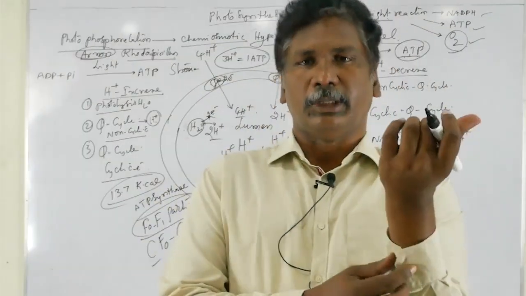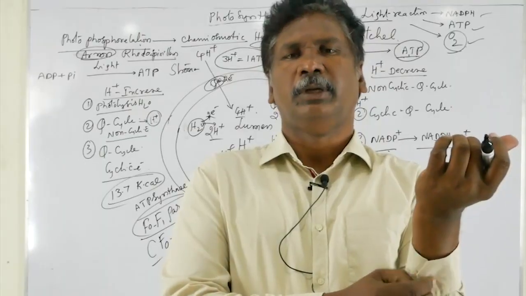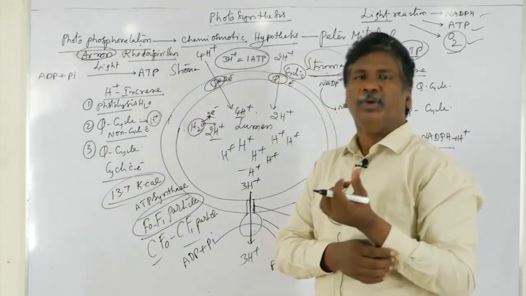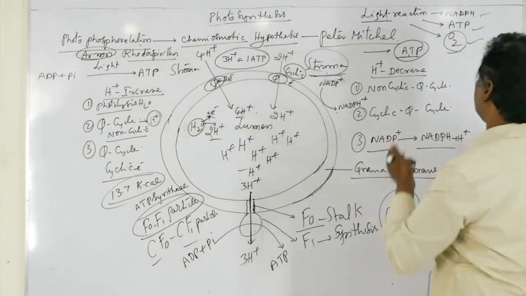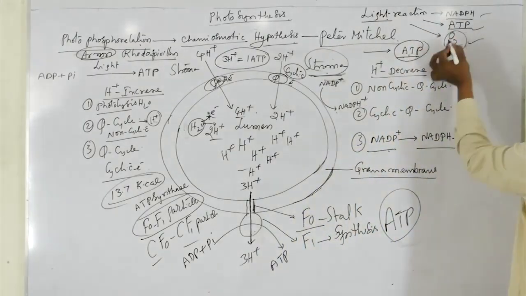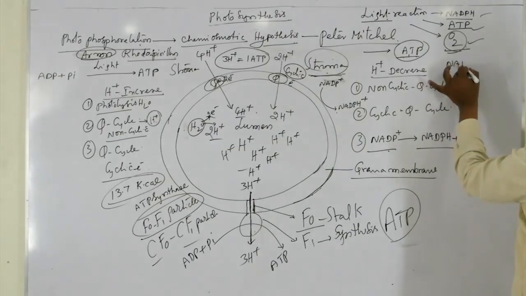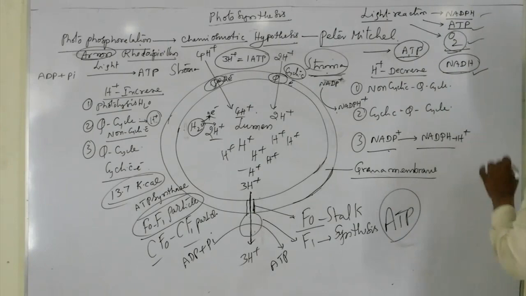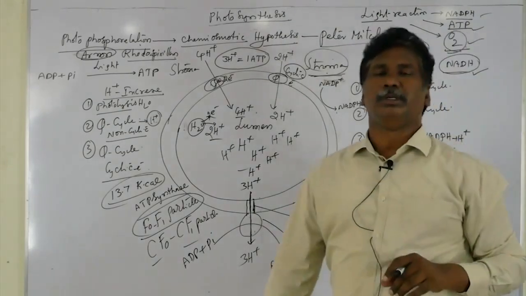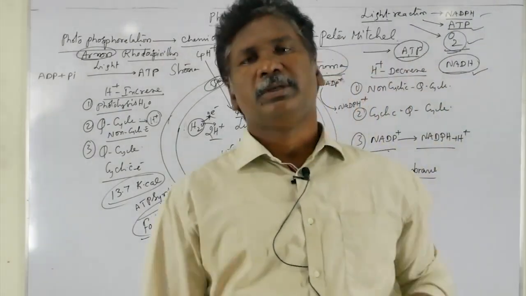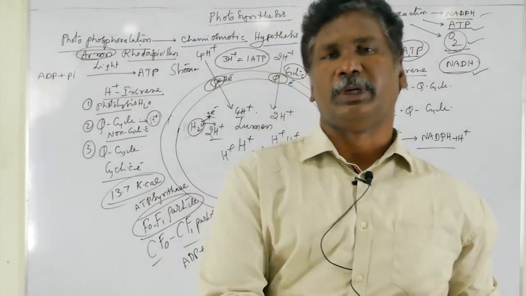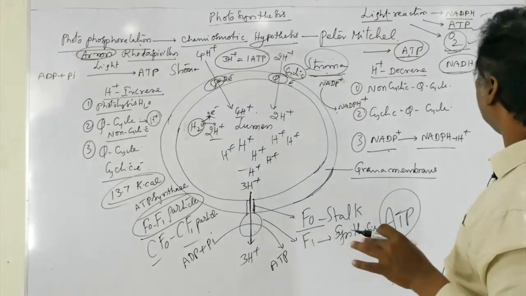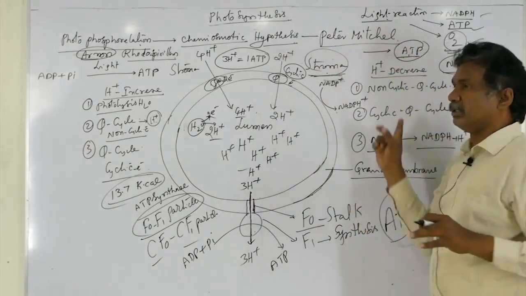In 2018, a NEET bit asked: the following is not formed in the light reaction of photosynthesis. The options were NADP, ATP, O2, and NADH. This NADH is another coenzyme, but it is involved in the respiratory pathway, not in photosynthesis.